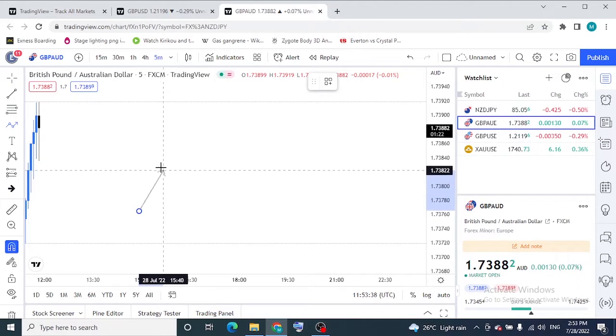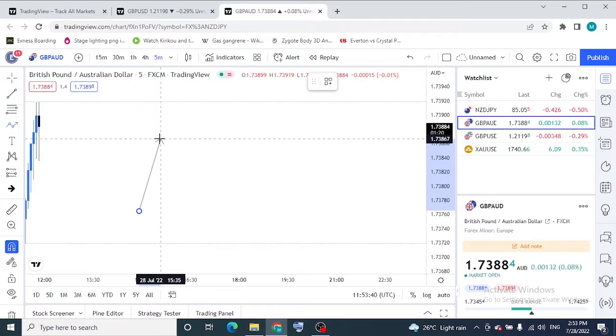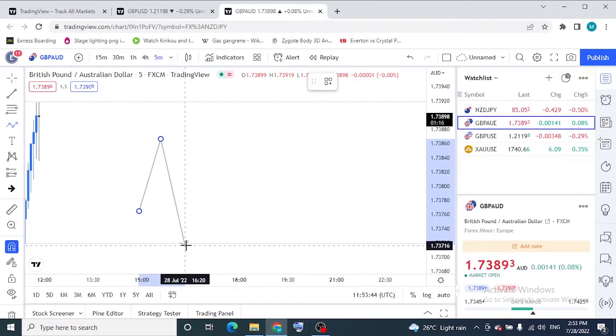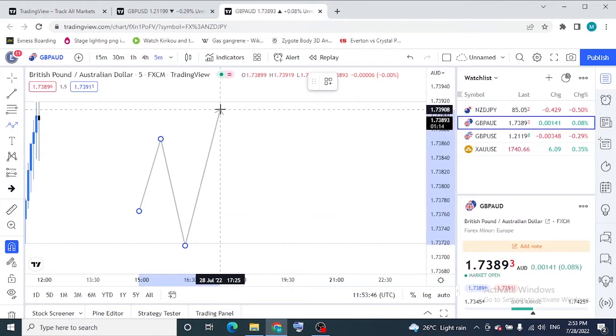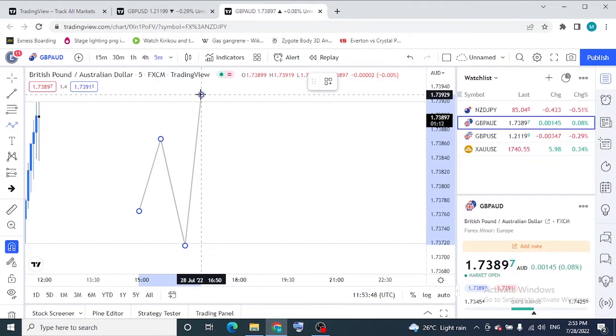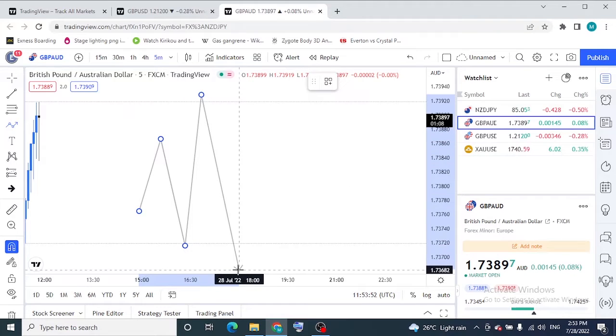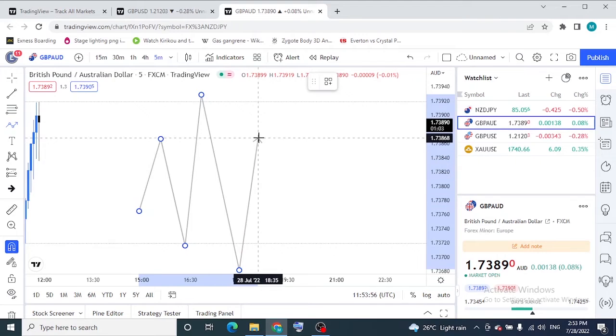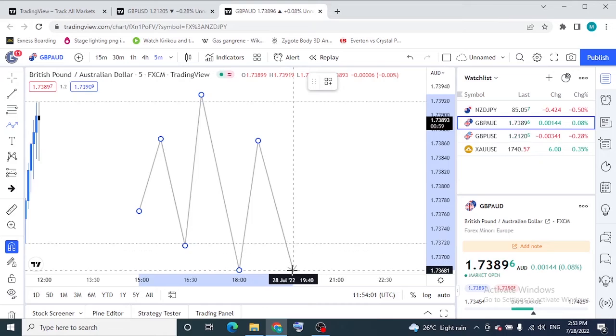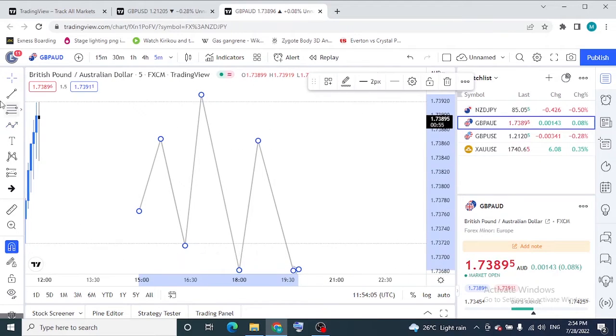So the traditional QML: we have price rise to the top, then price prints a low right here, then prints a high above the previous high that was right here, then price comes all the way down here to print a lower low, then price comes to around the same height as this, looking like a traditional heads and shoulders, and then the QML is complete.